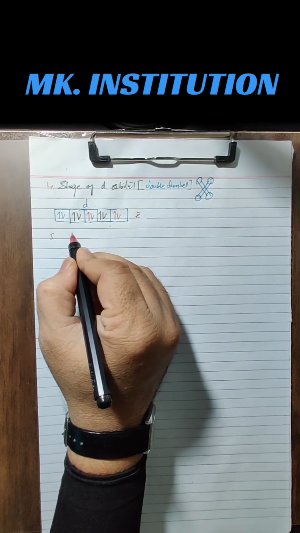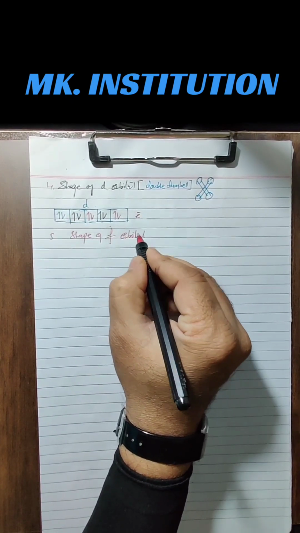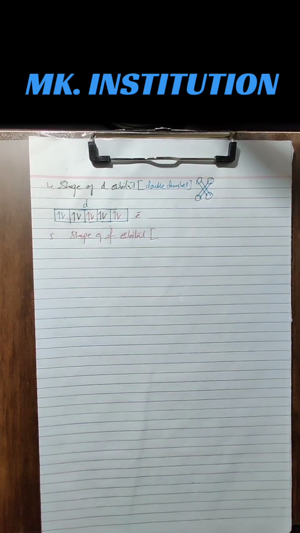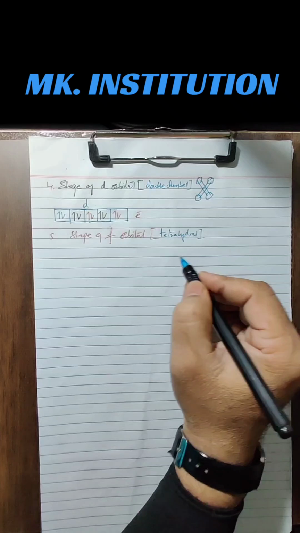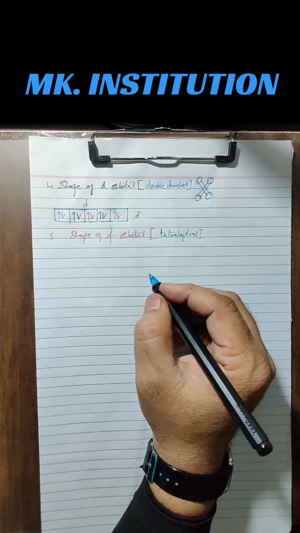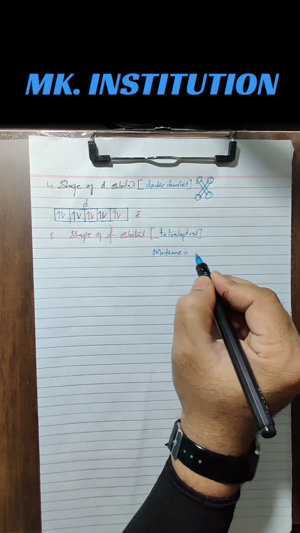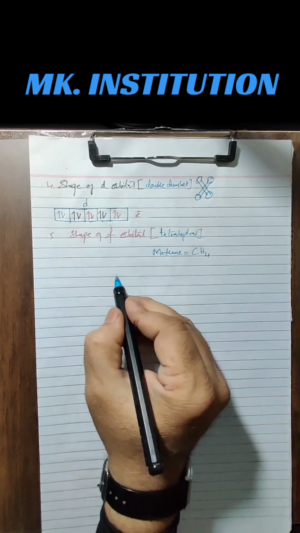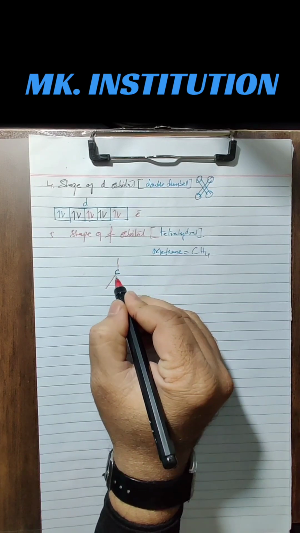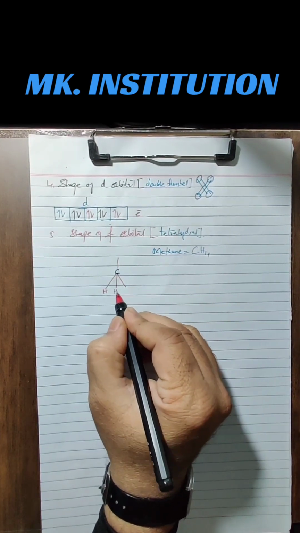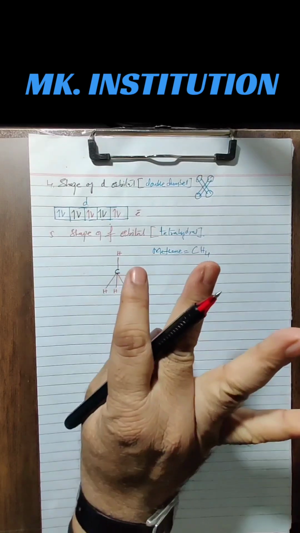This is the fourth one, and the fifth one is the shape of the f orbital. The shape of the f orbital is called tetrahedral. Tetrahedral means, for example, methane. Methane formula is CH4. For a single carbon molecule, how many hydrogens are attached? 4 hydrogens.